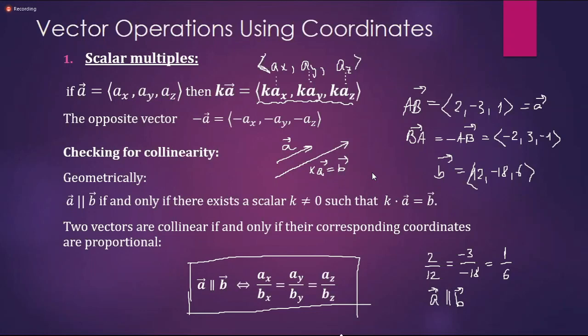Writing the ratios and checking the ratios will give you the precise and ideal answer. So you will always know whether two vectors are collinear or not. If they are collinear, then these three ratios must, of course, be identical.